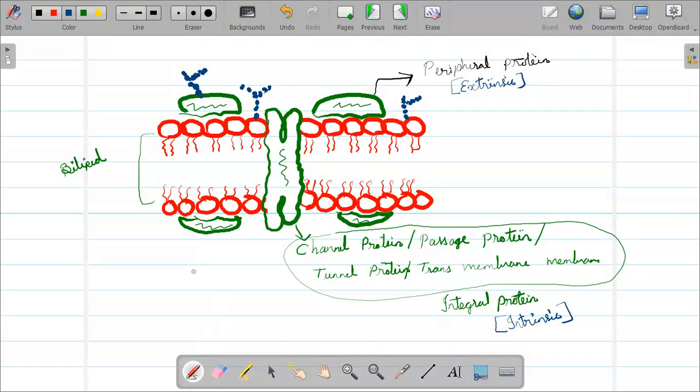So you can see here the lipid layers, these are your bilipid layer. In the phospholipid molecule, the head is projected outside, the tail is projected inside.